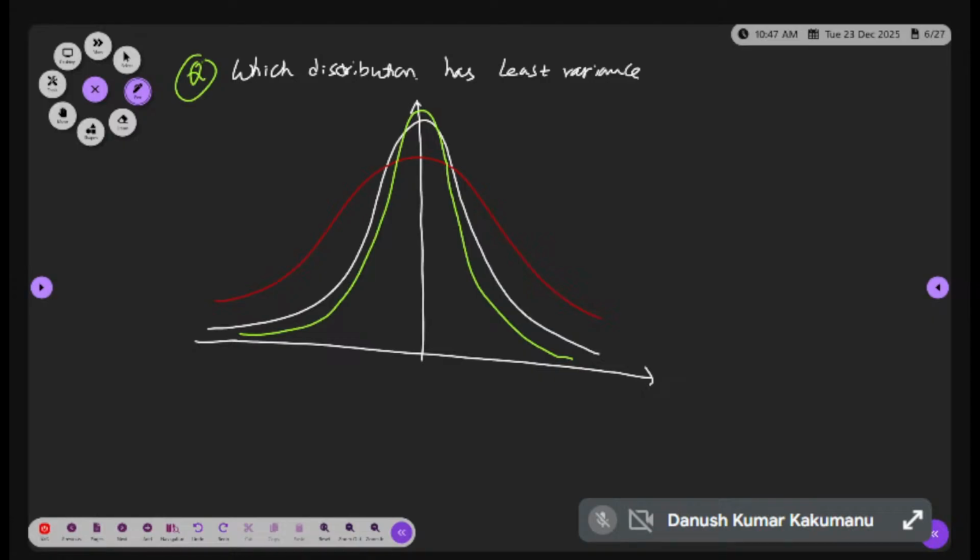Least variance. If sigma is less, this value is more. Sigma is more means this value is less. Yes or no? Understood. Now tell me.